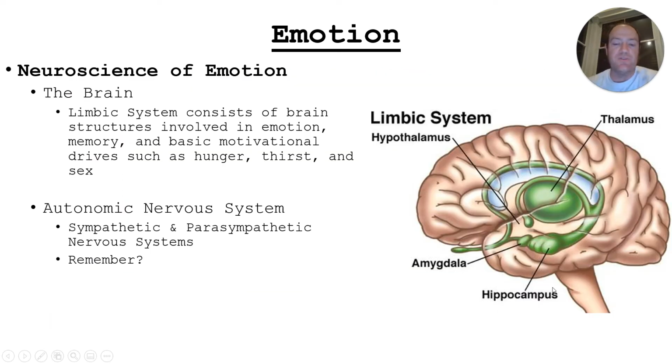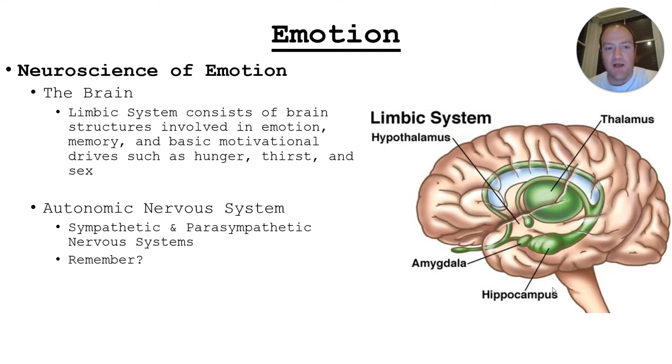So in terms of the biological component when it comes to emotion, if you remember back in Unit 2 when we talked about the brain and the parts of the brain that deal with emotion. Remember, we talked about the limbic system being the part of the brain where emotion is not only processed but also kind of originates in our thoughts.